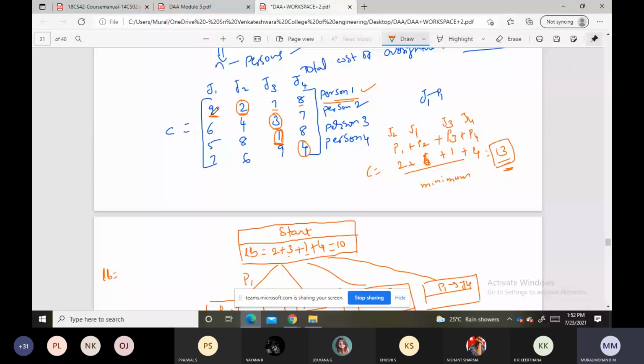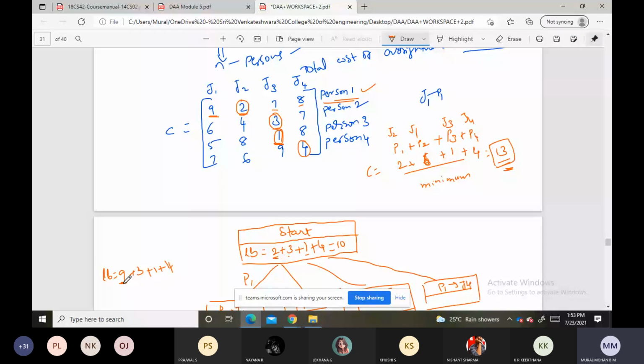So 9, plus the next value 3, the next value 1, the next value 4. Only this value changes, since instead of 2 we are taking job 1, so the cost of assignment of job 1 for P1 is 9.